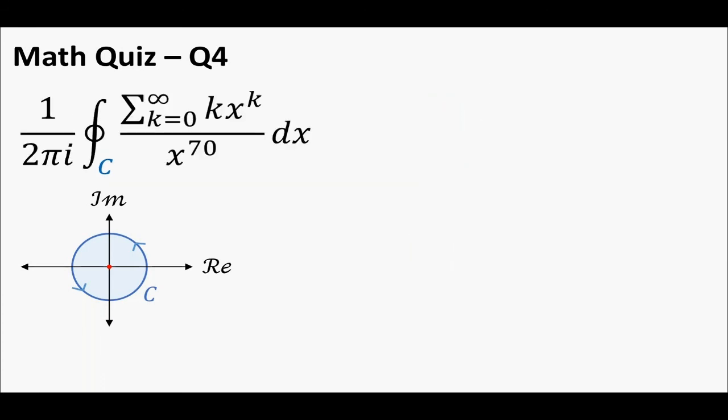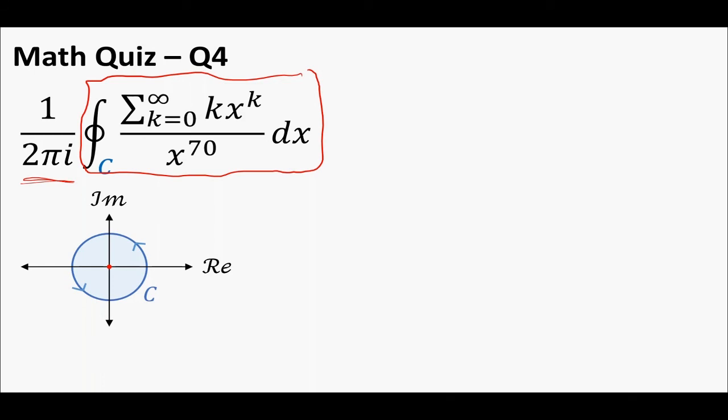Oh, we're getting a little bit more complicated. So we're going to just focus on this integral right here. We'll ignore the 1 over 2 pi I over here. We'll save that for last. So what is this? It's just an infinite series.